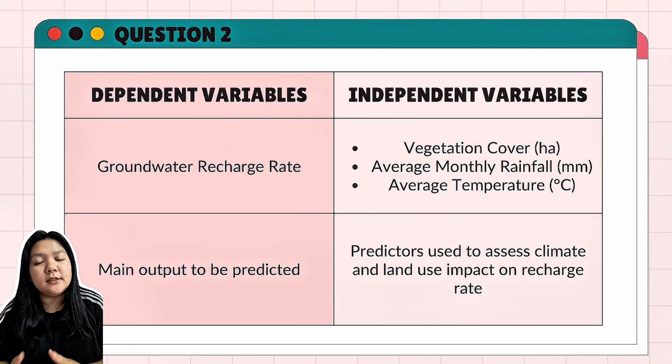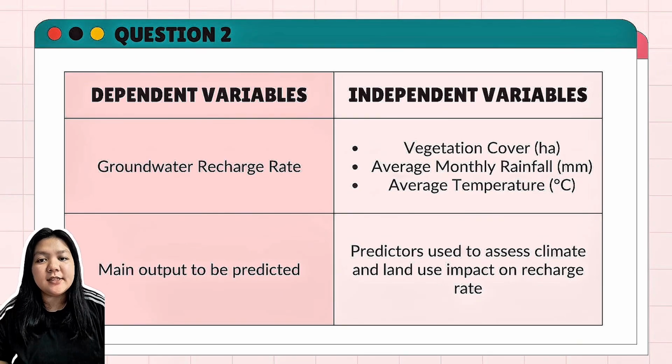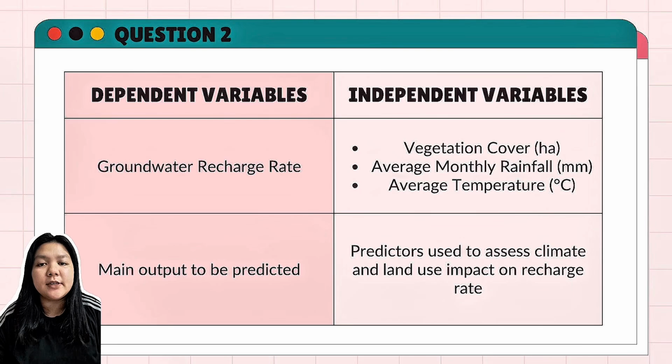Meanwhile, the independent variables include three key factors, which are vegetation cover, measured in hectares, average monthly rainfall, measured in millimeters, and average temperature, measured in degrees Celsius. These independent variables play a vital role as predictors in the multiple linear regression model.